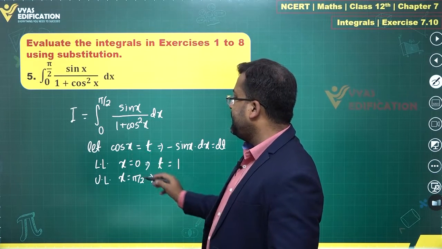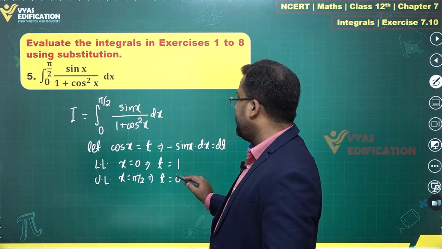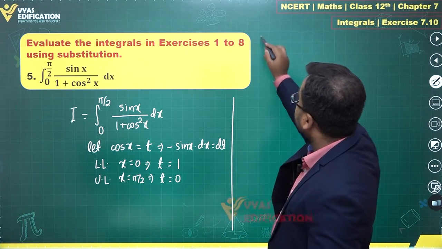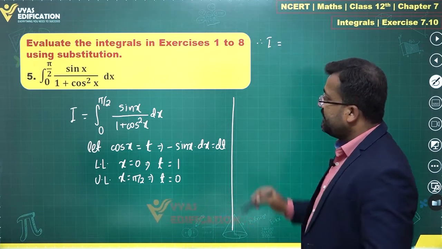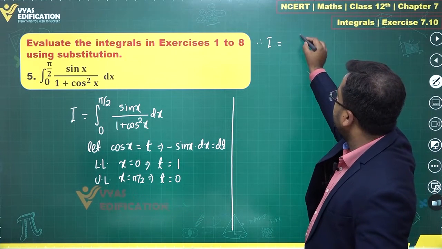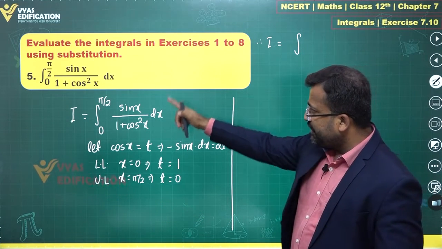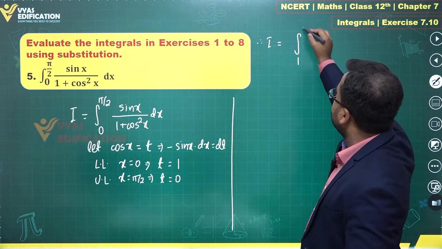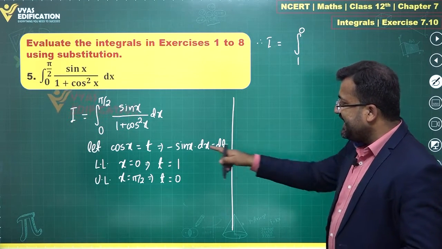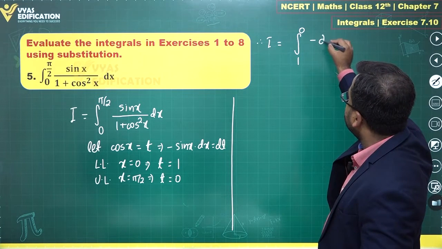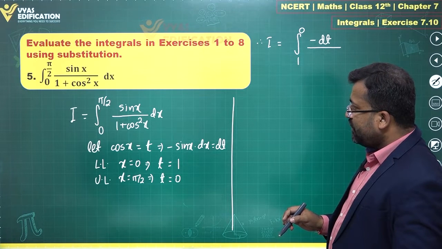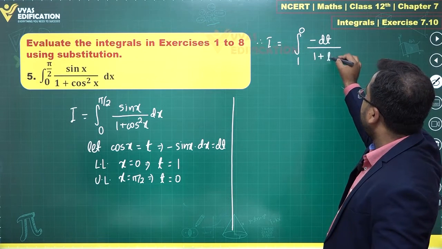That tells me t will be cos pi by 2, that is 0. Therefore, integral I becomes what? The limits will be from 0 to pi by 2. Instead of 0, the lower limit becomes 1. Instead of pi by 2, the upper limit becomes 0. Then you have sin x dx, which can be replaced with minus dt upon 1 plus cos square x, which is 1 plus t square.